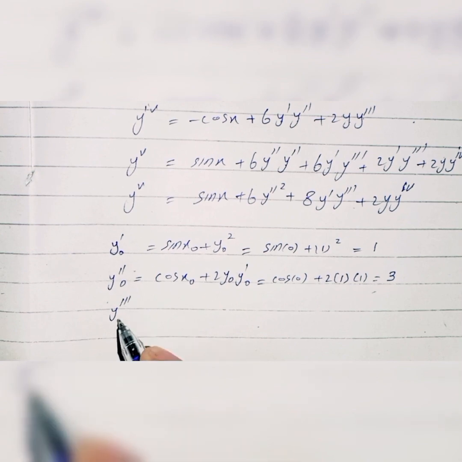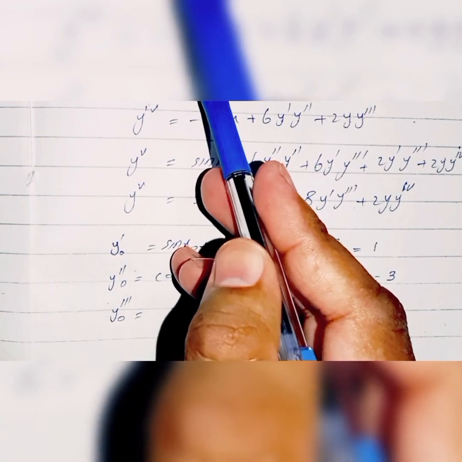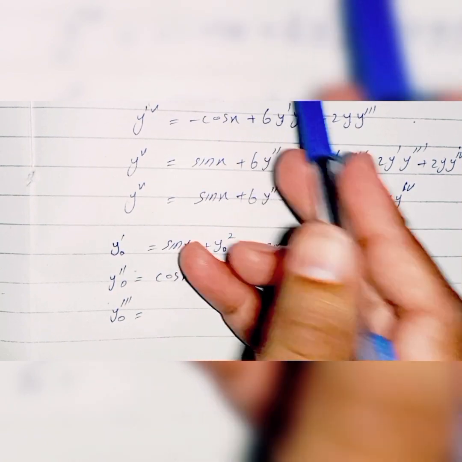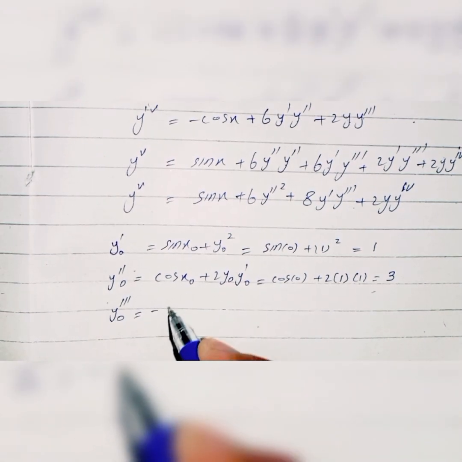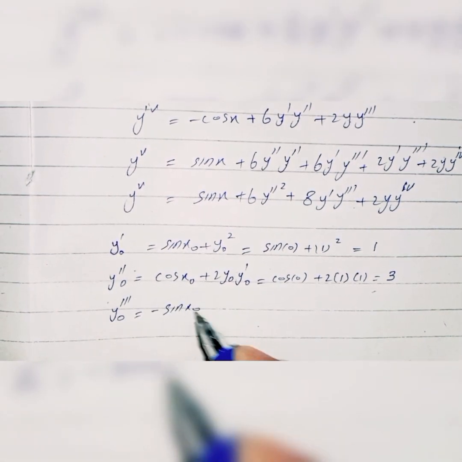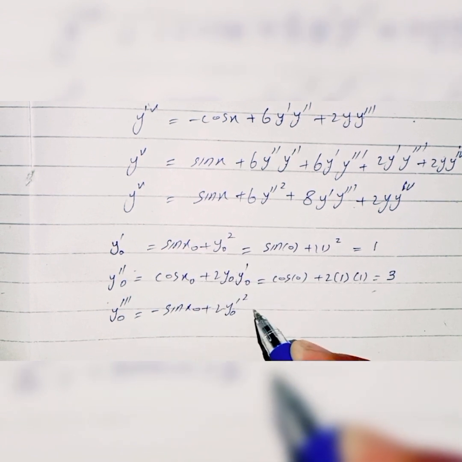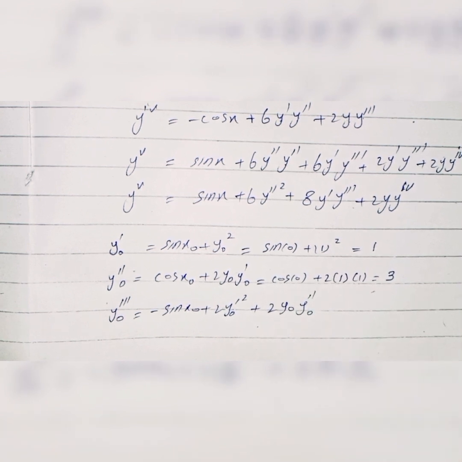Y triple prime naught: the expression for y triple prime is minus sin x plus 2 y prime square plus 2 y y double prime. So we have minus sin x naught plus 2 y prime naught square plus 2 y naught y double prime naught.